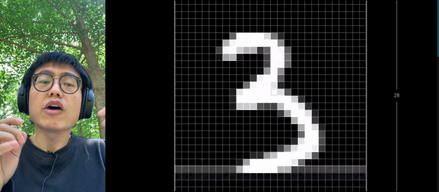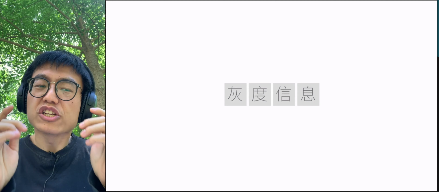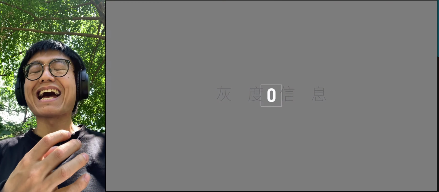There are 28 in each row, a total of 28 rows. But only one piece of information in each square, grayscale. You can think of grayscale as light or shade information. Today, we usually use 8 bits, 8 zeros or ones, to store the grayscale of each pixel.